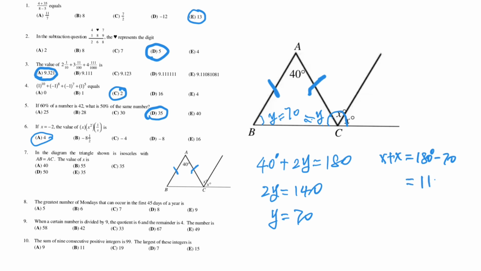That's 110. That's 2x. So isolate x, divided by 2. x equals 55. So the answer is B.